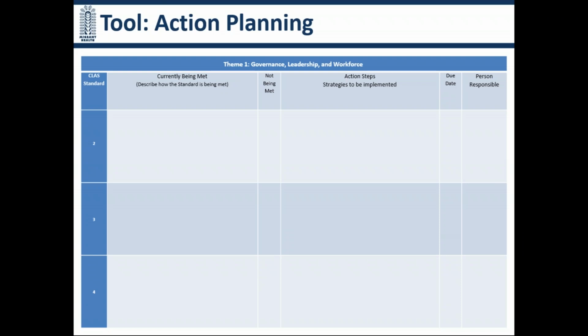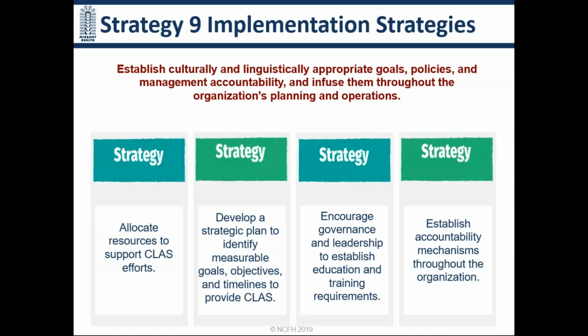We're going to talk about this some more later. First, before you would do action planning, you would need to do that self-assessment, right? You want to know where your organization, your health center, is at in providing CLAS to your patients. So we will come back to this action planning, but I just wanted you to see there's a tool, and that is part of the planning that goes into standard 9.